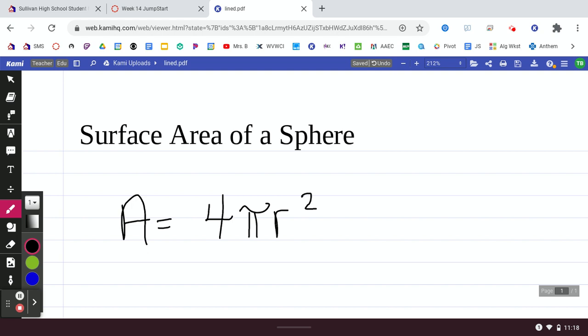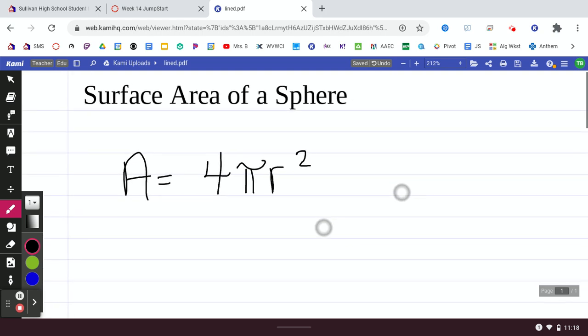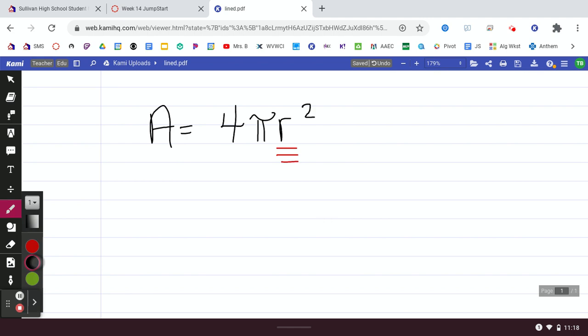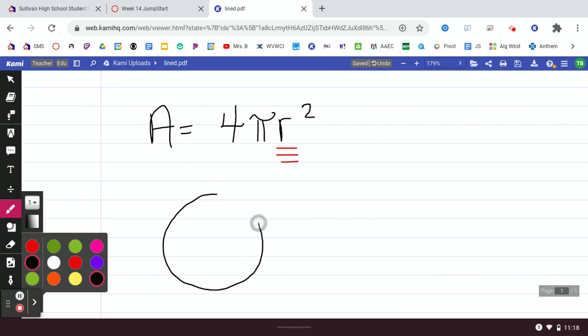It's very basic, okay? On your worksheet, the only thing you have to watch, and we had this happen a lot last week, is look at the equation. It is 4 pi radius, which means if you're given two drawings, one that looks like this, not great circles, but not bad.